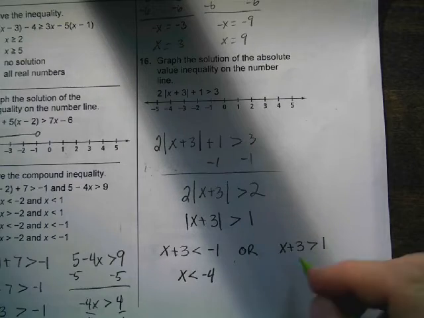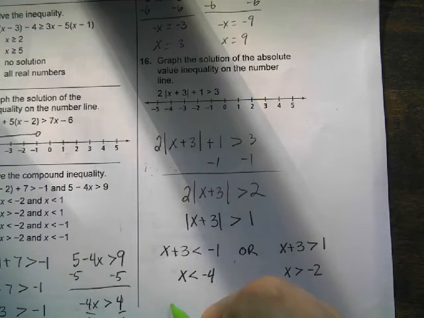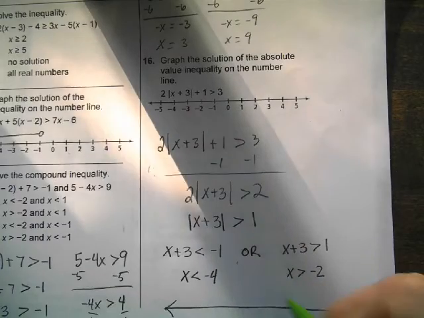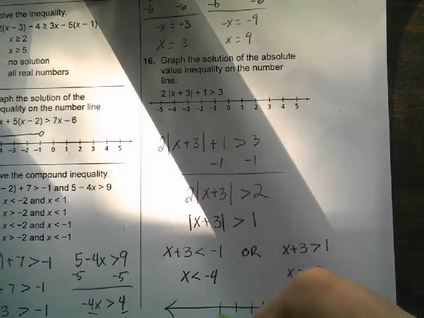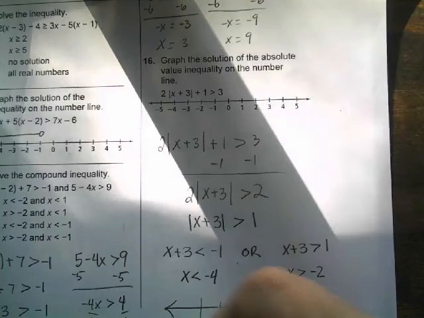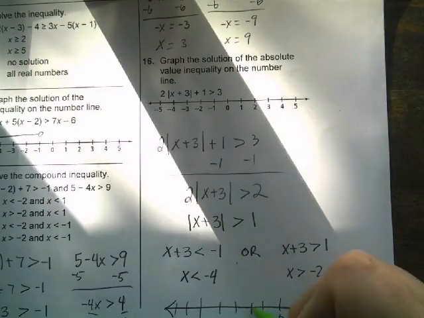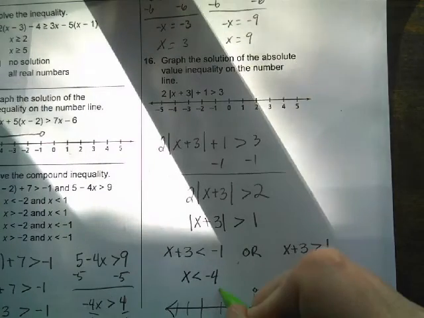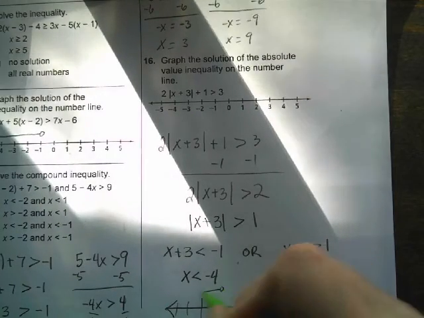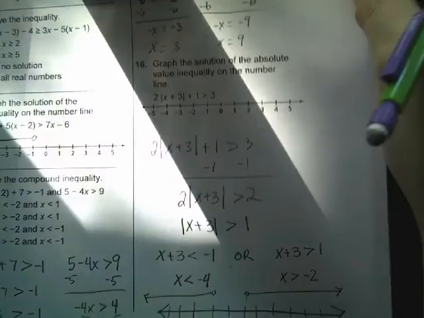Here I subtract 3, x is greater than negative 2. And then to graph that, greater than negative 2 would be an open circle here, that way, and less than negative 4 would be an open circle here, going that way. And that's all there is.